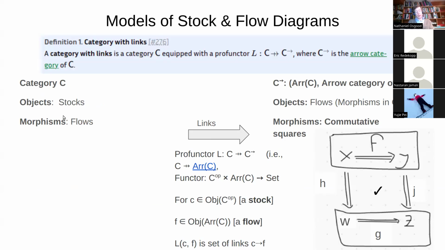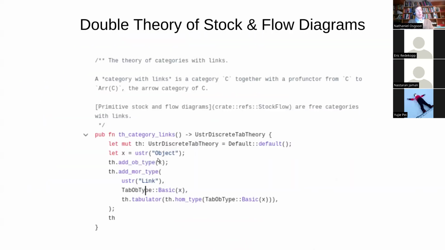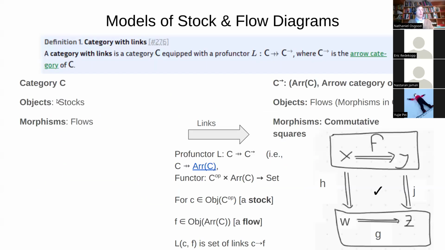So category C here, the category mapped to by this object, is going to have as objects stocks and as morphisms flows.